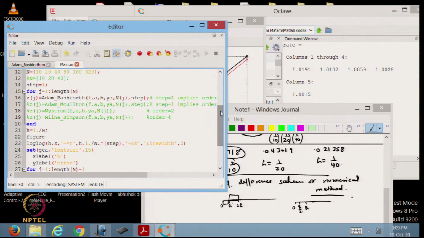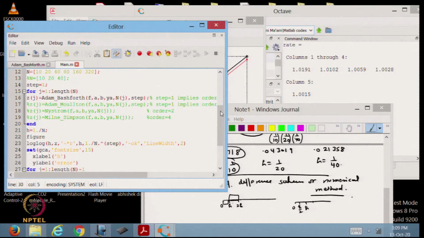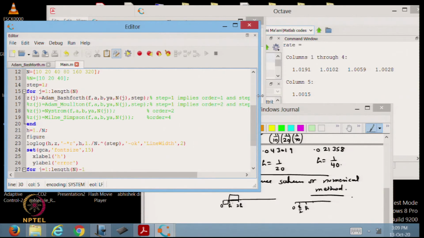Now, if we remember, forward Euler was the first example, or first category, of the Adams-Bashforth method, which corresponds to step equal to 1, a one step method, and the order was also first order accurate. So, we have verified this. Now, let us work out the second category of the Adams-Bashforth formulae, which corresponds to step equal to 2, because it was a two step method.